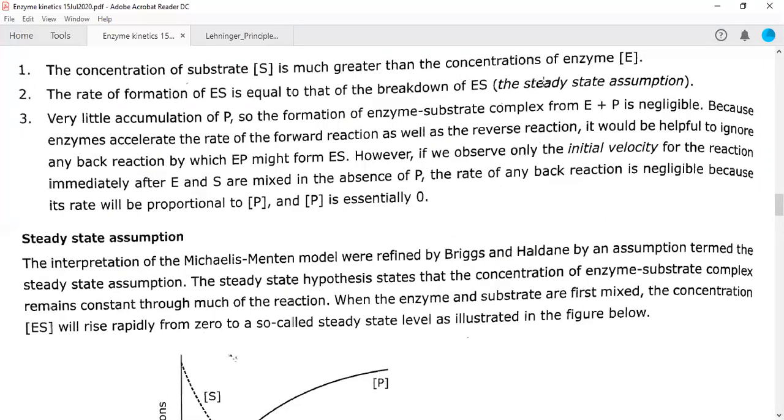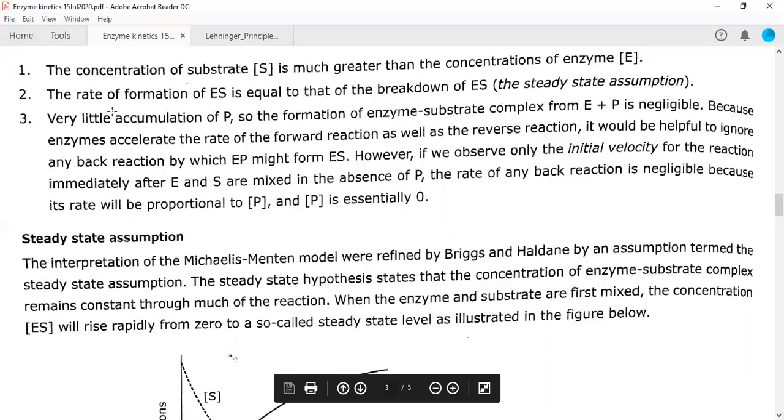But before achieving this steady state, we also have a pre-steady state. Now, the third assumption is that there will be very little accumulation of the product because the second reaction is slow. So the formation of enzyme substrate complex from the enzyme and product is very negligible.